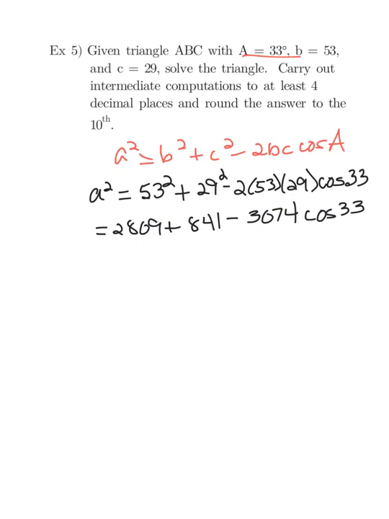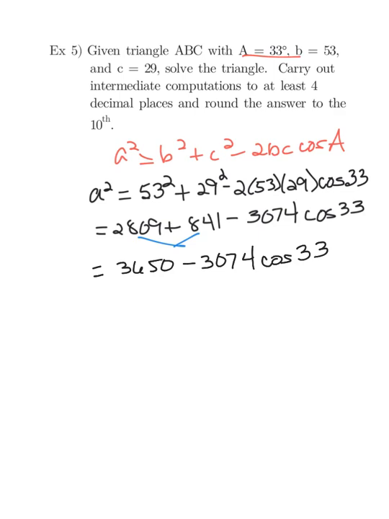What I'm going to do now is put these two like terms together, the 2809 and the 841. This will now give me 3650 minus 3,074 times the cosine of 33.